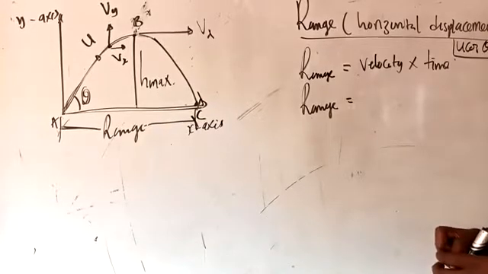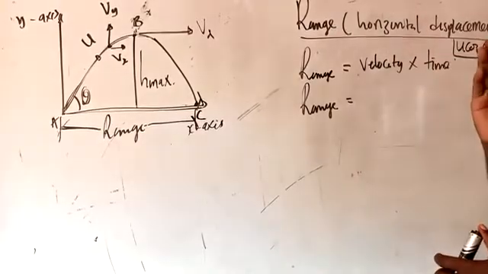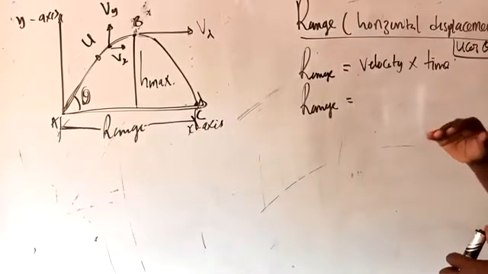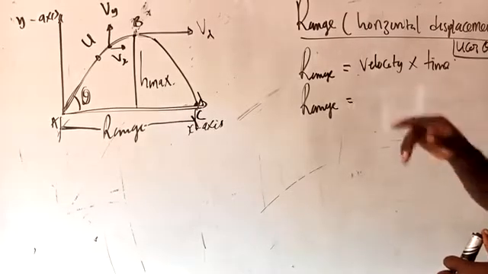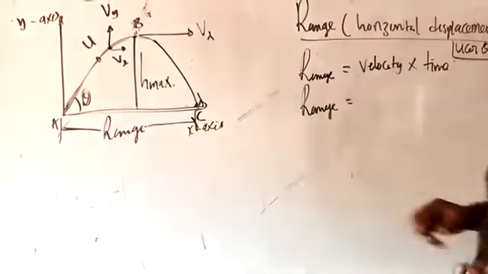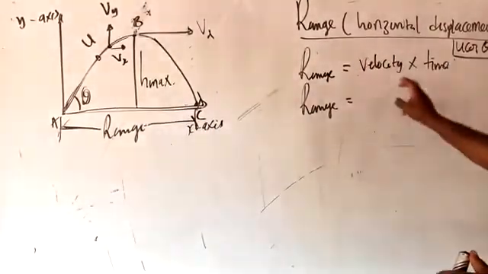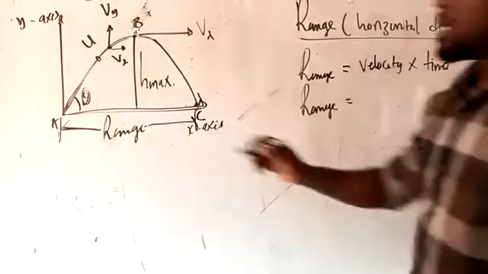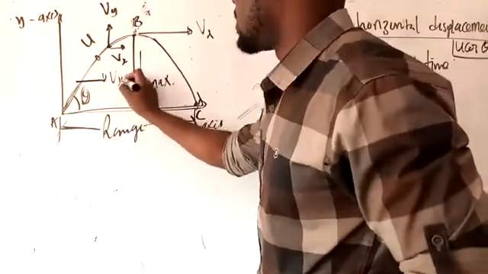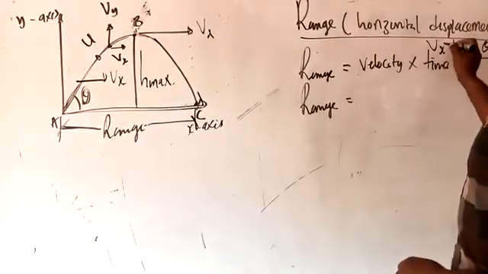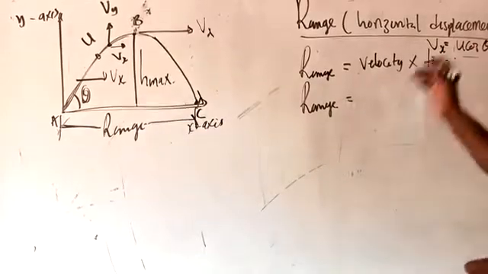We've already looked at the distance along the y-axis, which is the maximum height. Now we are looking at the distance along the x-axis, which is called the range. So this range is the distance from point A to point C, and the velocity as measured along the x-axis, we say that Vx is constant, and that Vx is equal to u cos theta.